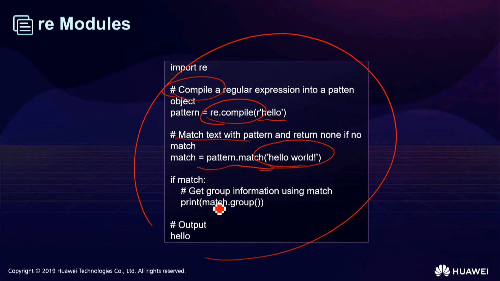If they match, then we will get the group information, use the match group and print it, and we will get the result: hello, world. So in the example, we use the function re.compile to compile the pattern, and use the match group to get group information. Let's see more re module functions and re object methods.